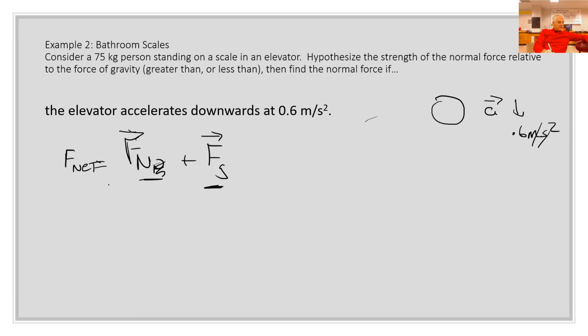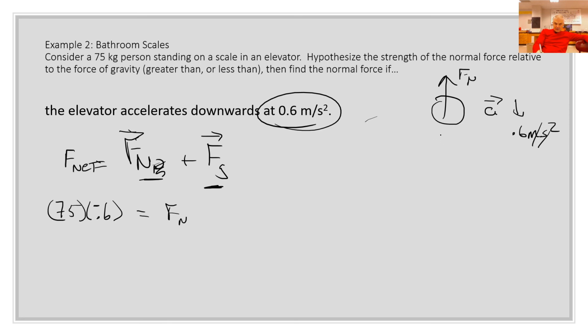So the net force we know is ma, and so that's going to be equal to 75 times 0.6, but it's actually not 0.6, it's negative 0.6, right? Is equal to the normal force, which you don't know. The normal force, we're trying to solve for that, which is upward, and this is the force of gravity, plus negative 735.